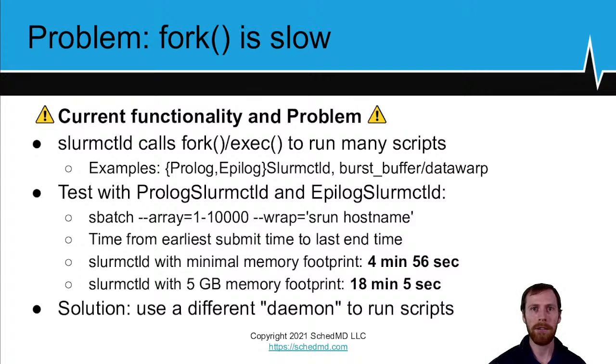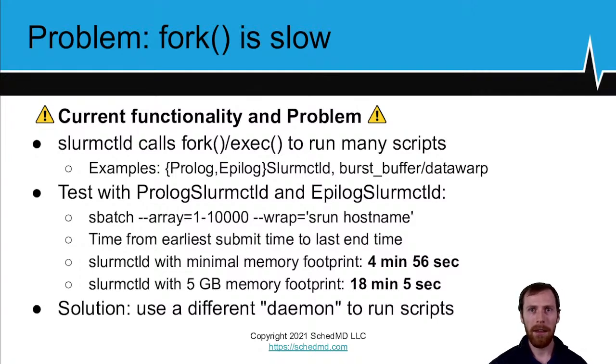Just to show this, I ran a test with prolog and epilogue slurmctld, which in 20.11 were both forked from slurmcontrolD, so each job would cause slurmcontrolD to fork twice, once for each prolog and epilogue.